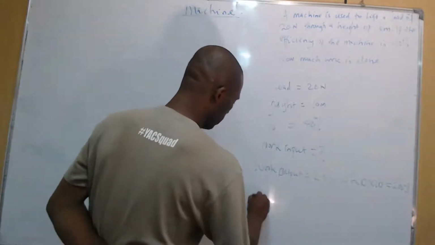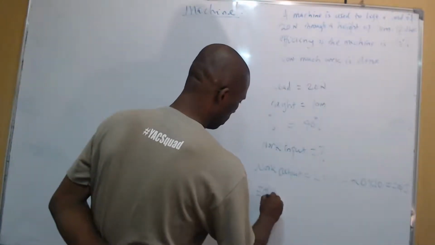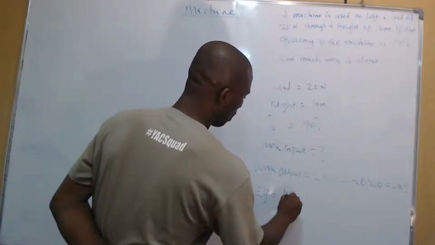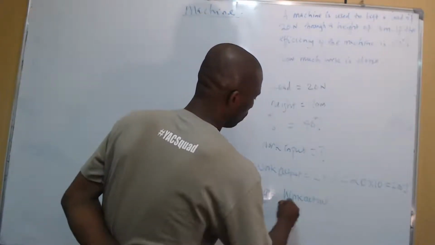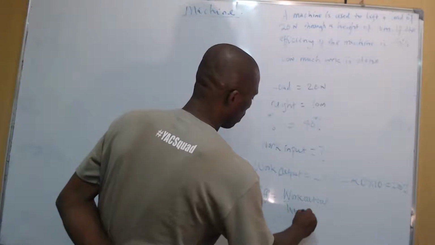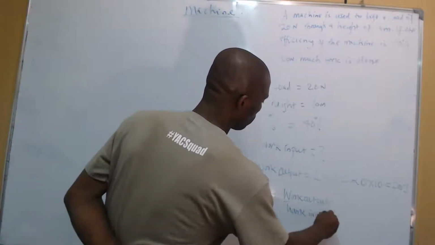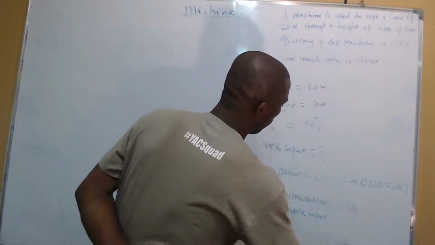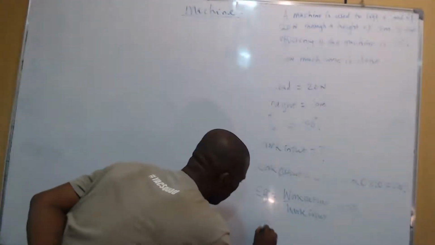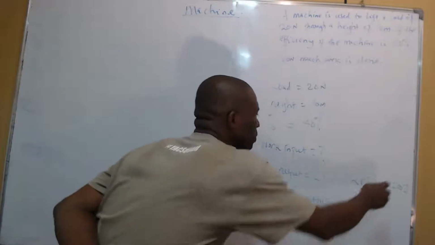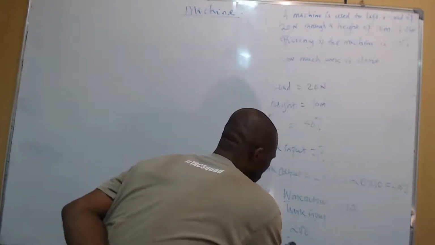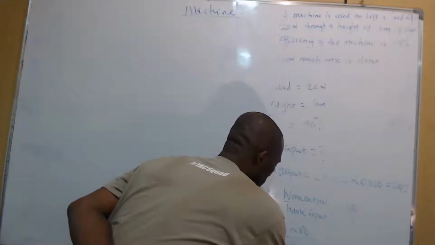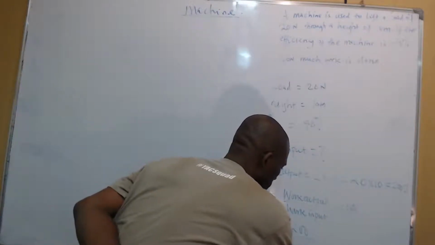Now, efficiency is equal to work output over work input times 100 over 1. Now, our efficiency was 40, equal to our work output, 200, all over work input.